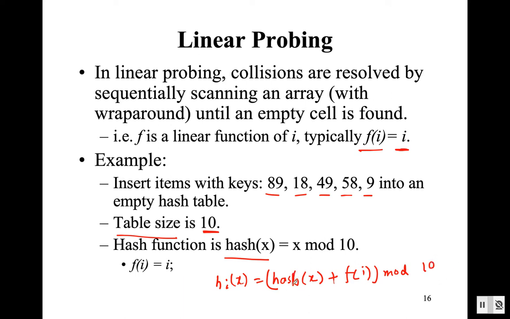For linear probing, f of i equals i, and the value of i could be 0, 1, 2, 3 up to the table size. When we find an empty cell for any i, we use that value.